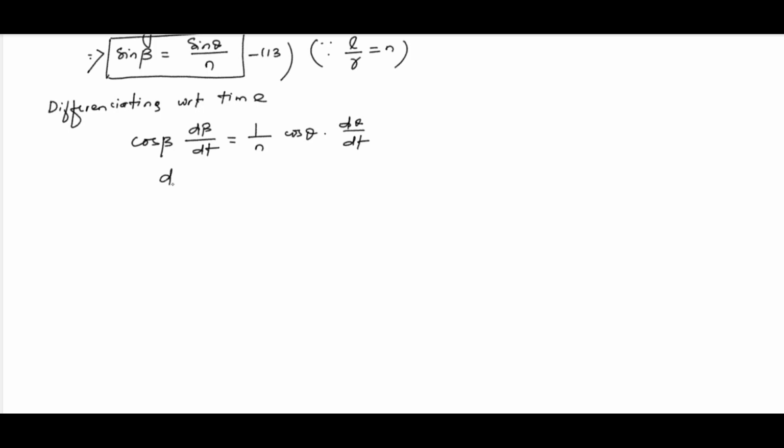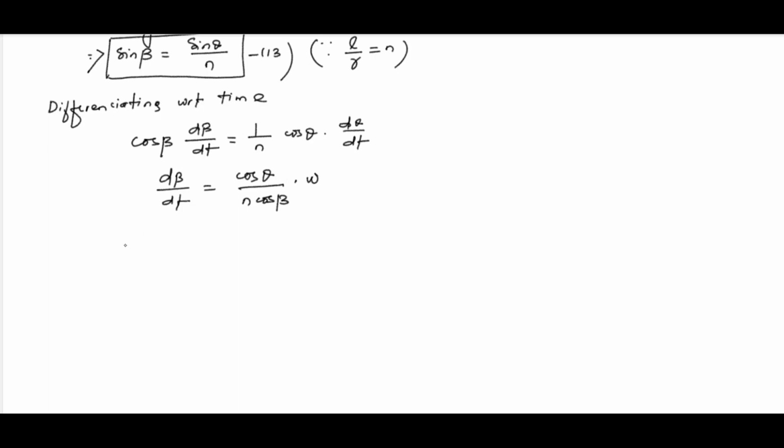Okay, or we can have d beta by dt is equal to cos theta divided by n cos beta into omega.